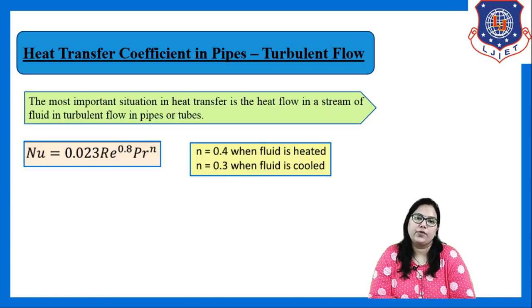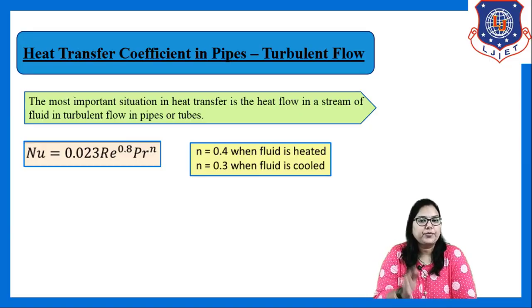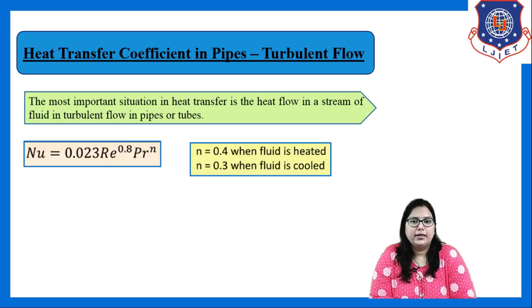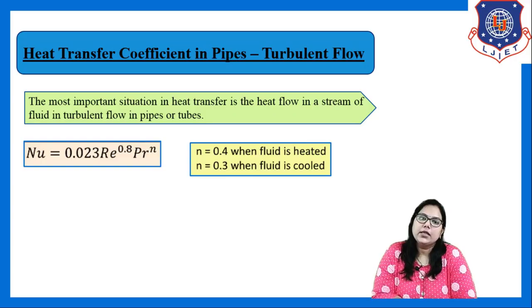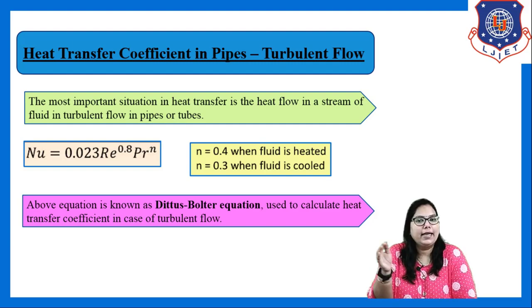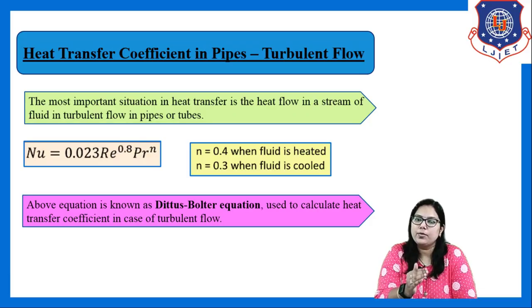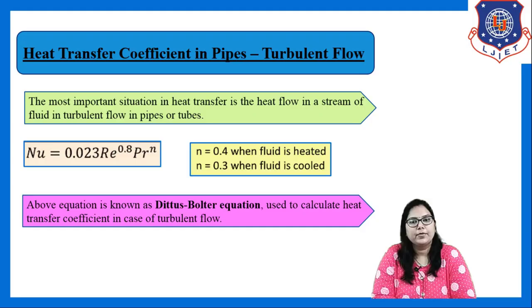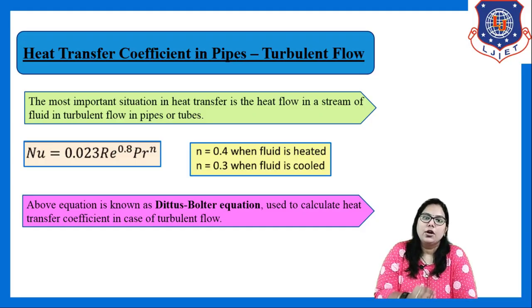N is a constant value, and the value of n will be 0.4 when the fluid is to be heated and 0.3 when the fluid is to be cooled. So the final equation will be: Nu, which is hD by k, is equal to 0.023, NRe which is D u rho by mu raised to 0.8, and NPr which is Cp mu by k raised to n. And n is either 0.4 or 0.3.